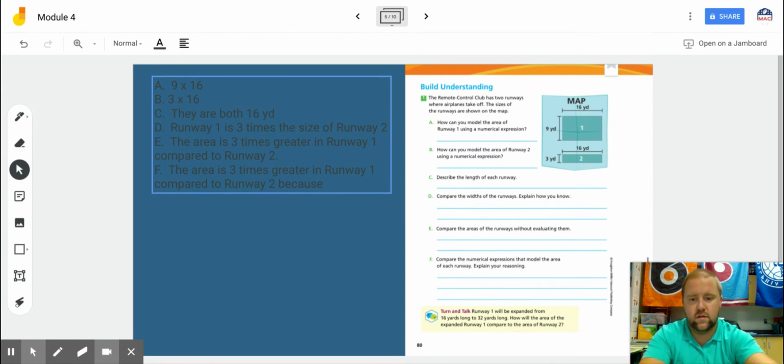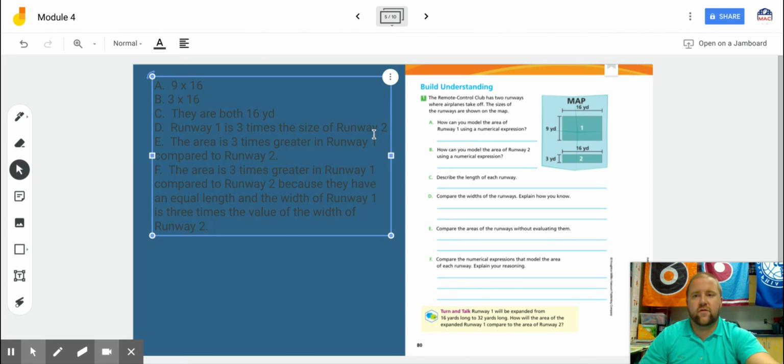Because they have an equal length, and the width of runway, I want to make that capital, runway 1 is 3 times the value of the width of runway 2.